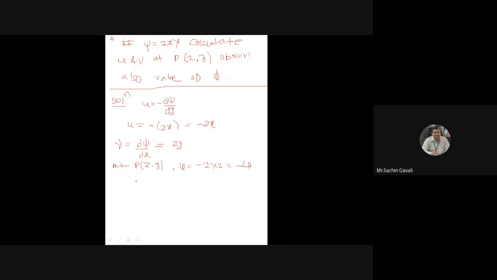Okay. And v is equal to 2y, y is equal to 3, so 6.